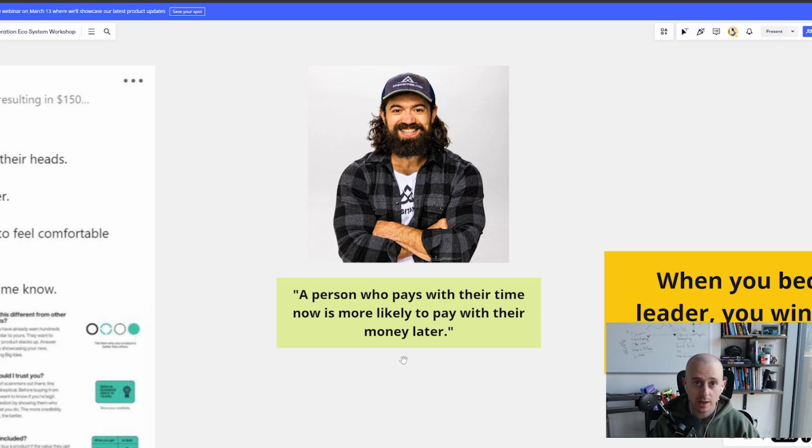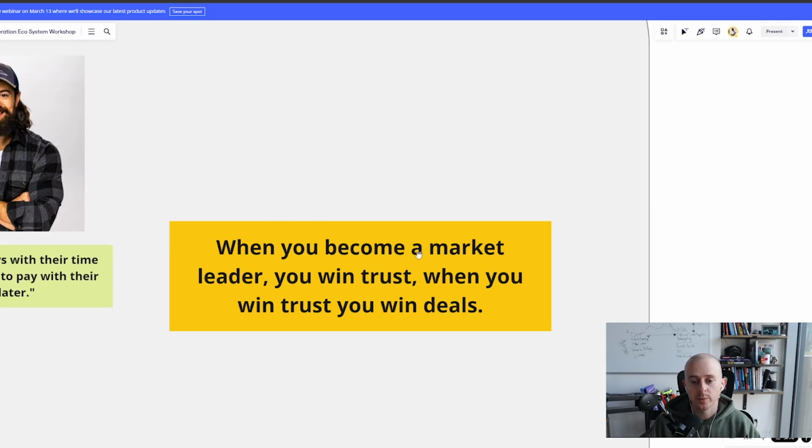Because he's given a lot of value, and I trust him enough to provide value if I had to pay him for something. And that's the position that you need to be in. Imagine having clients lined up at your door, ready to go as soon as you make an offer, because you built enough trust in the marketplace and you are looked at as a market leader. So remember this: when you become a market leader, you win trust, and when you win trust, you win deals.